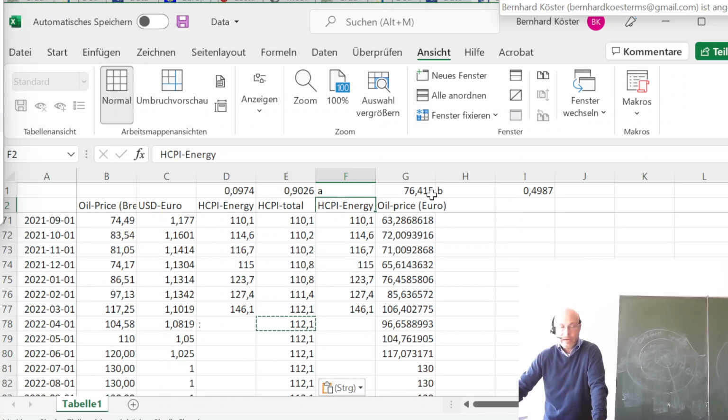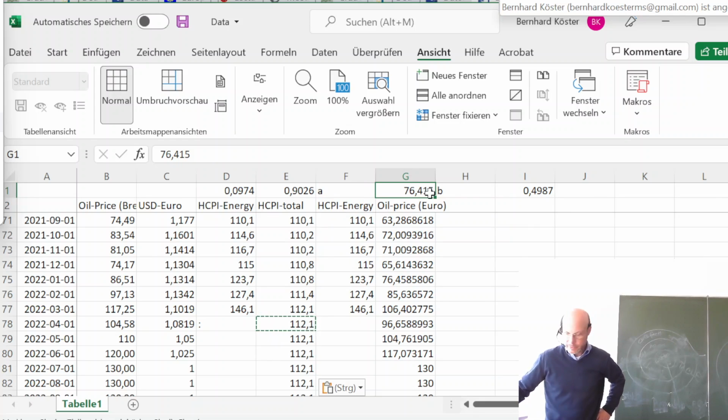So, and now with our linear regression, we have the dependence that the energy component is 76.415 plus 0.4987.